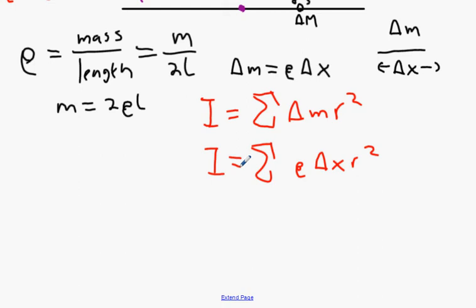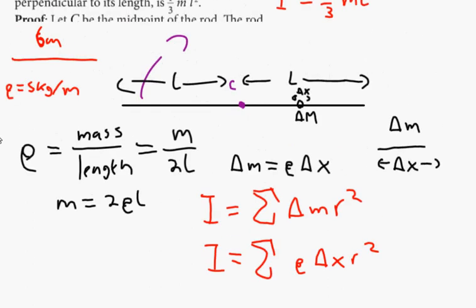Okay, next step after that is what is your r value? Okay, now by definition, this delta x value here, we're going to say that it's a distance x from the center of gravity. Is that alright? So any delta x's we use are always going to be a distance x from the center of gravity as part of our proof.